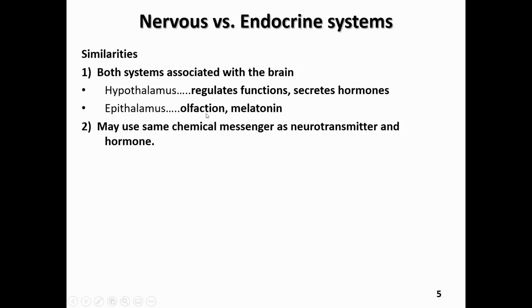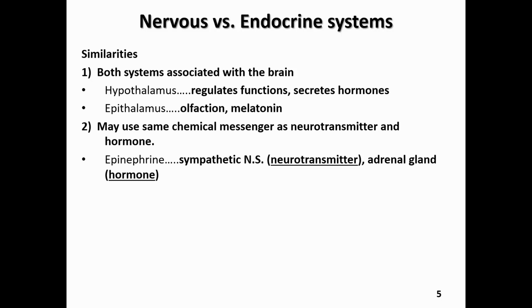The second similarity is that the nervous and the endocrine systems may use the same chemical messenger as a neurotransmitter and as a hormone. One such example is epinephrine.